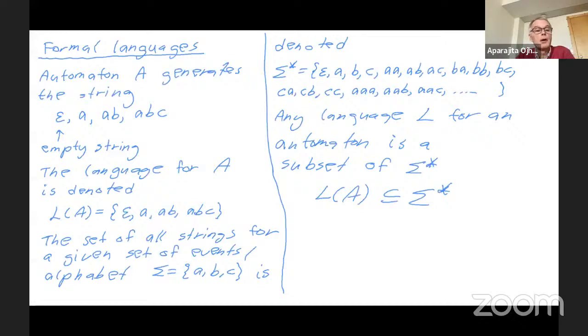Yes, it comes here about formal languages. So then first we need to define what we mean by a string or a word, which is another synonymous notion for these strings. So an automaton generates, in our example, first the empty string.